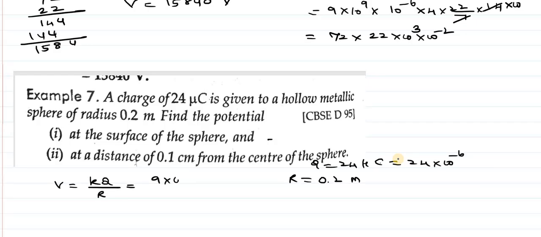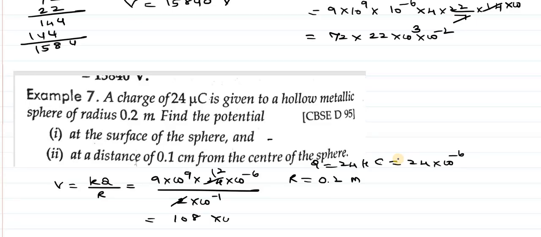So it is 9 into 10 to the power 9, 24 into 10 to the power minus 6 divided by 2 into 10 to the power minus 1. 0.2 I have written as 2 into 10 to the power minus 1. So this is 12. 12 into 9 is nothing but 108 into 10 to the power 4. So 1.08 into 10 to the power 6.